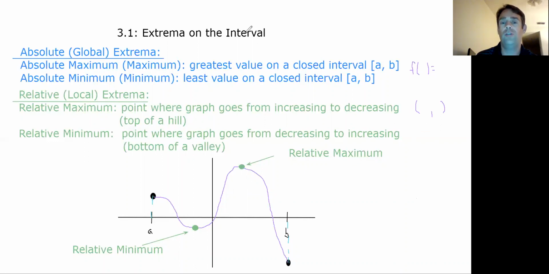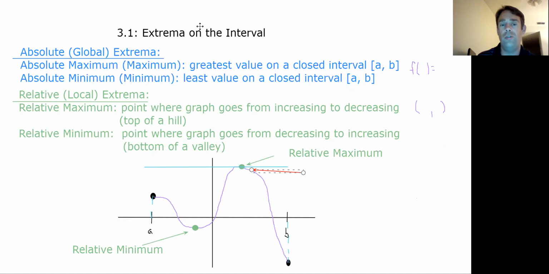So on absolute extrema, we're looking for where, on that closed interval, is the largest value and the smallest value. So let's see if we can draw those up there. If you notice, this relative maximum is the greatest value on the graph. If I think of it in terms of drawing a horizontal line to capture it here, you can see how that is the exact top of my graph.